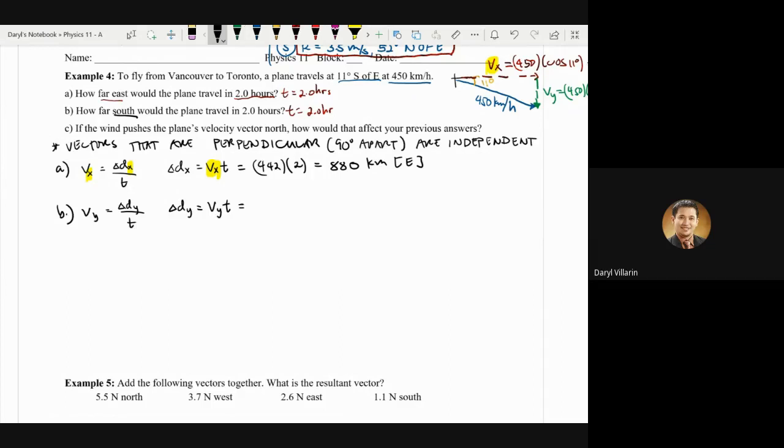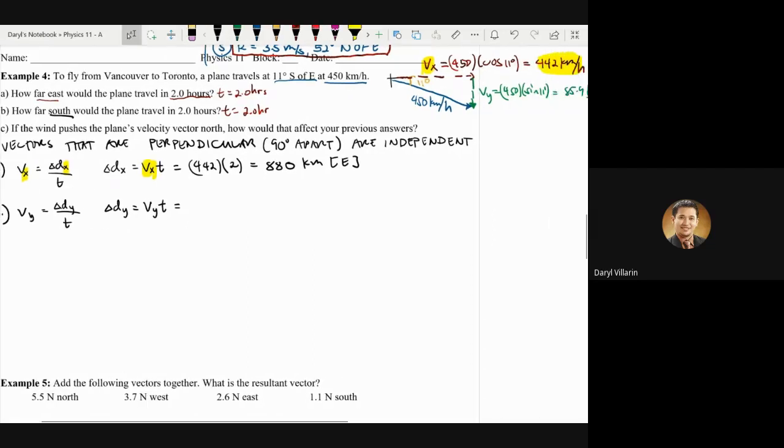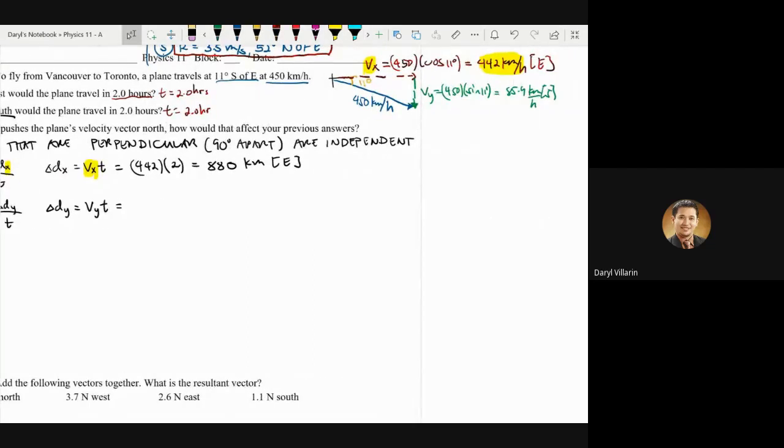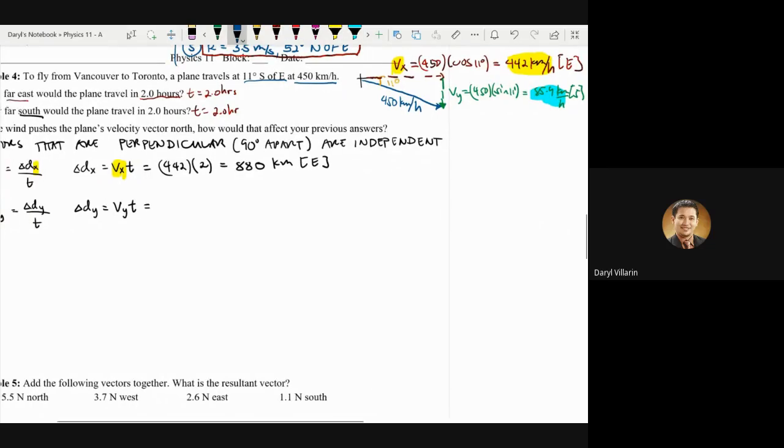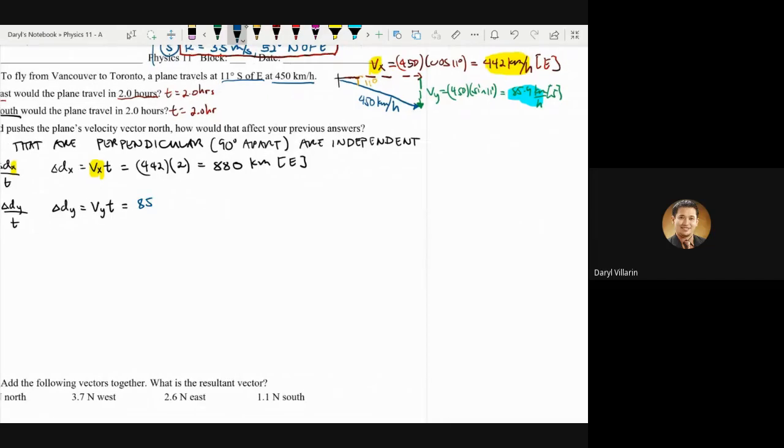Vy is given by the value of 85.9 kilometers per hour, so that would be 85.9 multiplied by 2. It's around 170 kilometers, and the direction is south.